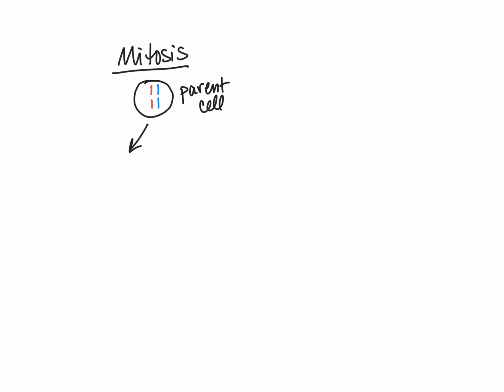Now let's review what happens during mitosis. We're not going to focus on the nitty-gritty details, just a quick overview. With mitosis, you start out with a parent cell. Whatever chromosomes are in the parent cell, ultimately that cell is going to divide and produce daughter cells that are identical to the parent cell.